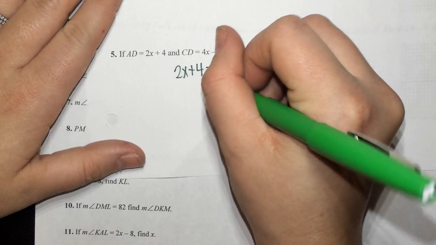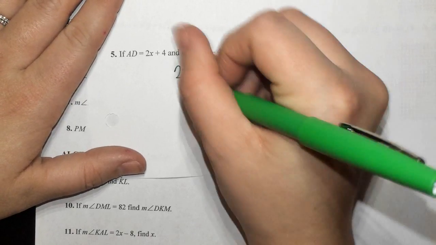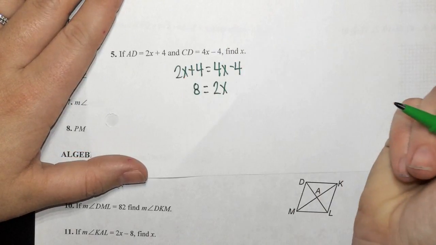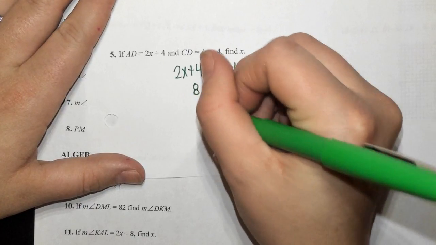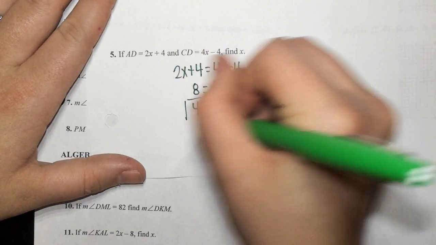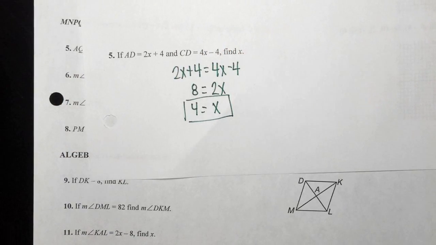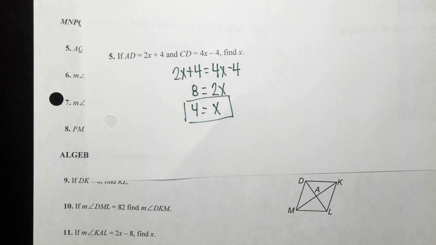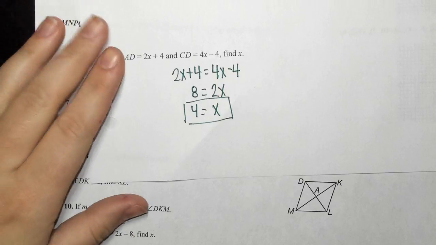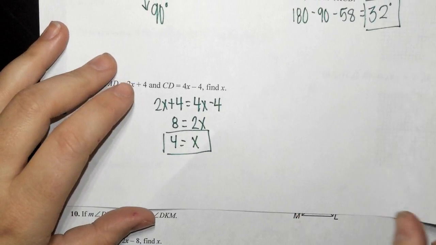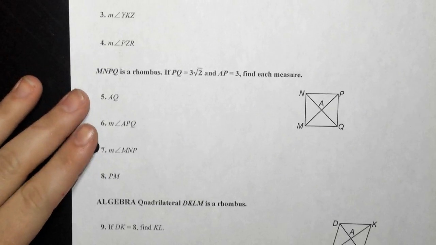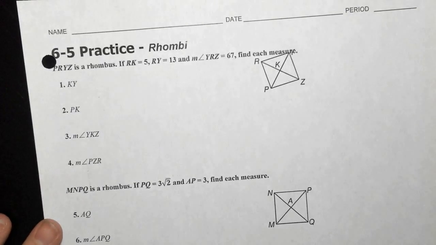Subtract 2x. Add 4. And then x is equal to 4. That's a rhombus. What's the difference in the word rhombus and rhombi? Rhombi is more than one. Okay, rhombus is one.